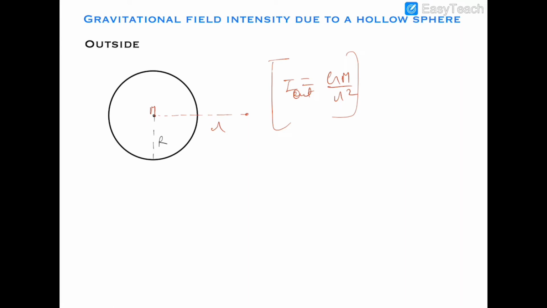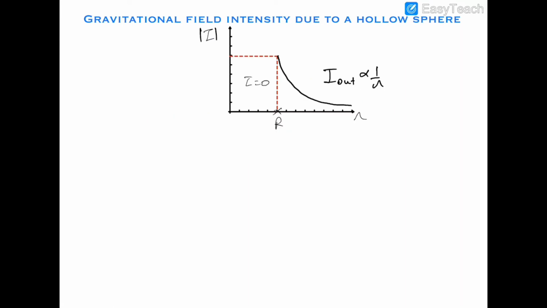Now if we discuss the graphical representation of the magnitude of the gravitational field intensity with r, then till the surface, the gravitational field intensity is 0, because as we start from the center of the sphere, till we reach the surface we are moving inside the sphere, and inside the sphere the gravitational field intensity is always 0.